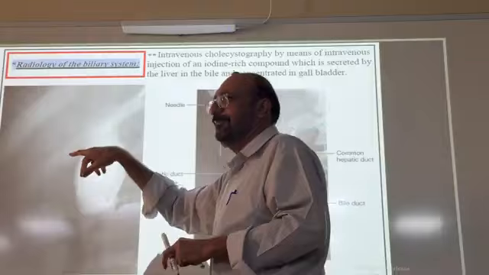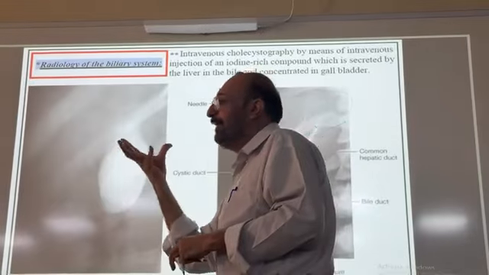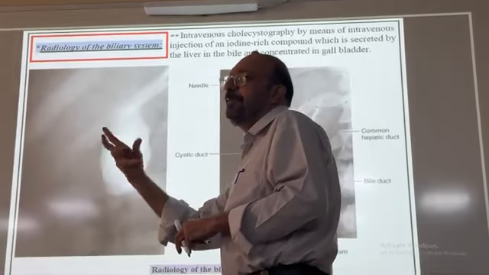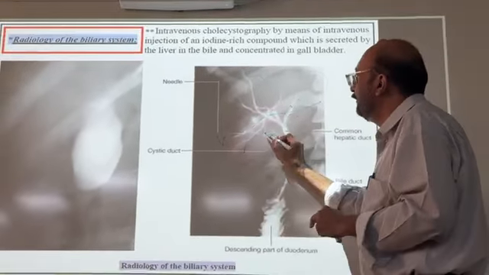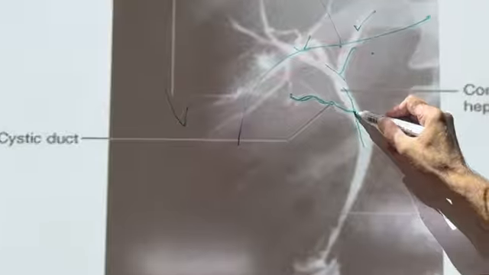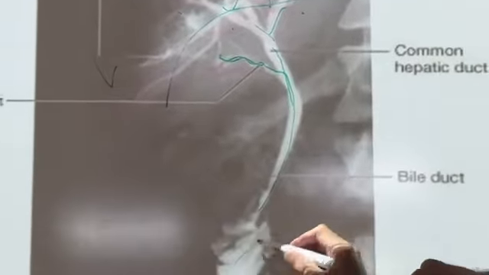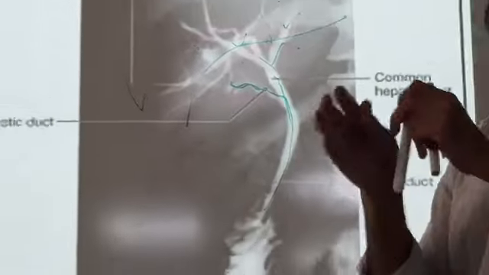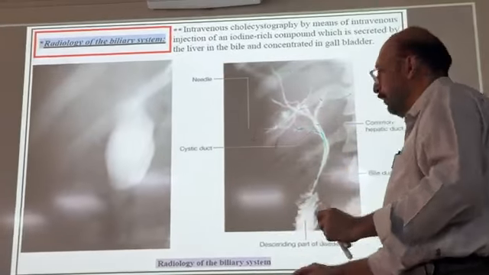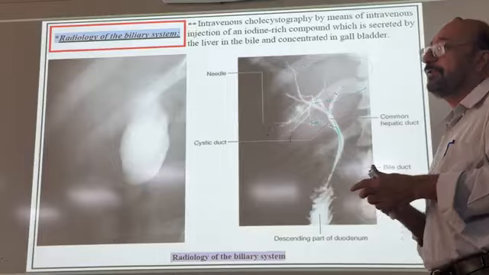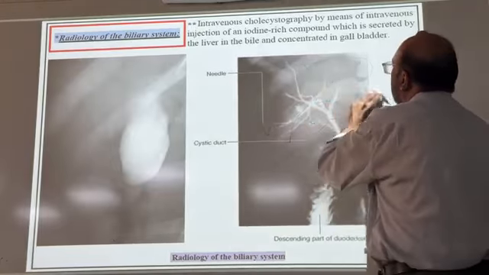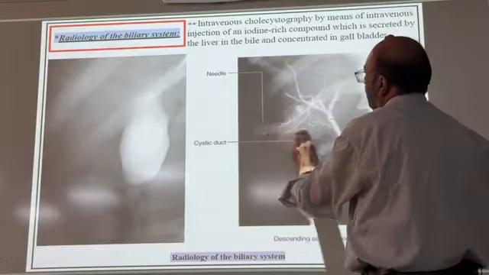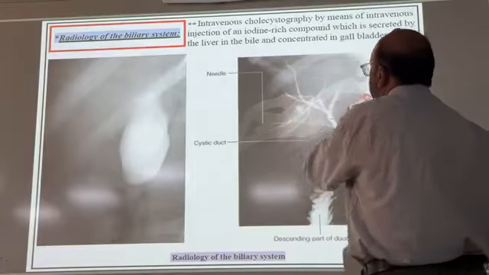After we gave him a lipid food it contracted, so it is not much visible. But now the cystic duct is nicely visible, and now the common bile duct. But what is happening? Splash. In the duodenum we have an open channel, so the whole dye is being excreted into the duodenum. This is one way of investigation, intravenous dyes. Am I clear? Yes. Good.